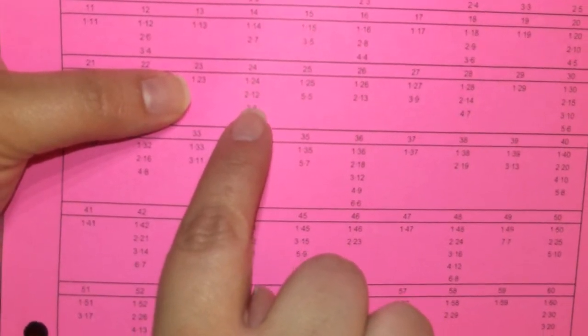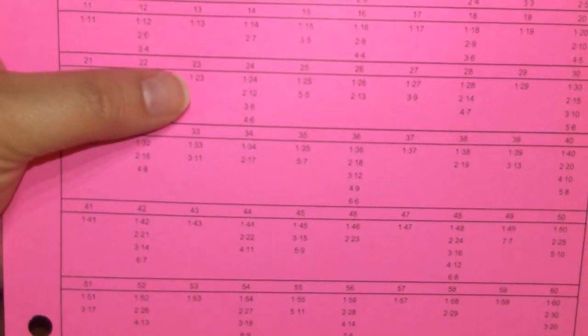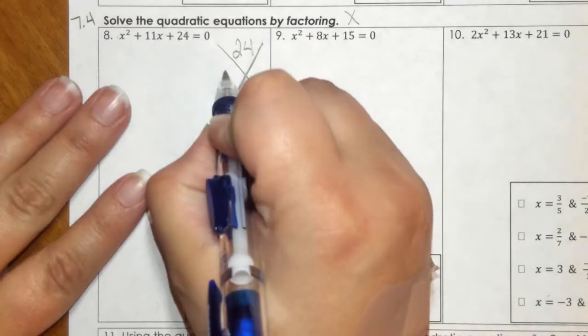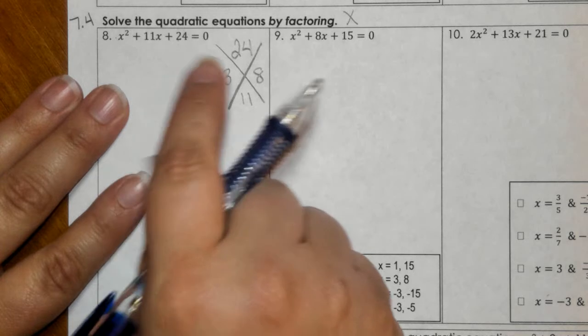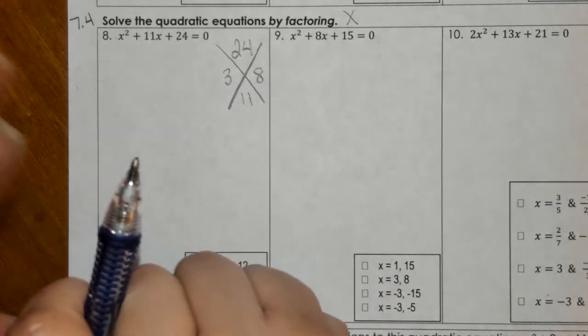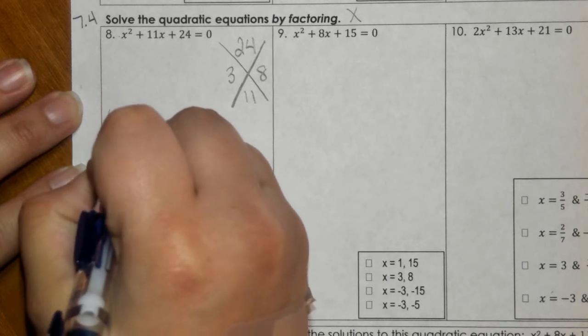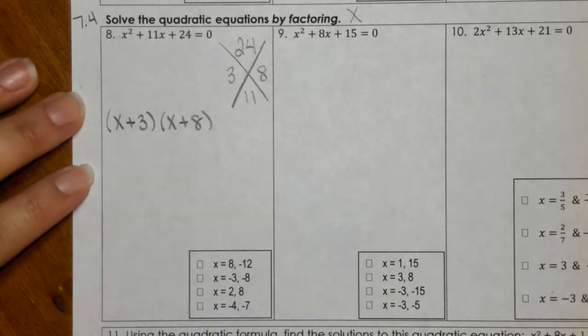Which one of those could add to be 11? And it would be 3 and 8. So 3 times 8, 24. 3 plus 8, 11. All right, so we write it in factored form.